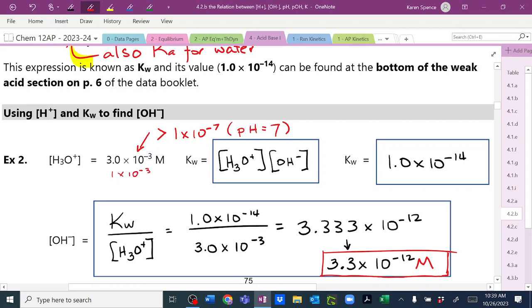What would the pH be? The pH would be 3. Is this solution acidic or basic? It's acidic, right? Because we have a pH lower than 7. Now it's going to be 3 point something because it's 3 times 10 to the minus 3. We could throw it in our calculator if we wanted to. So that means that this solution is acidic.